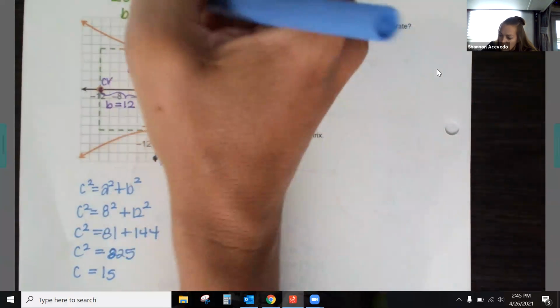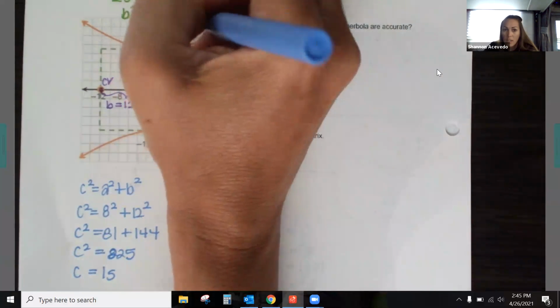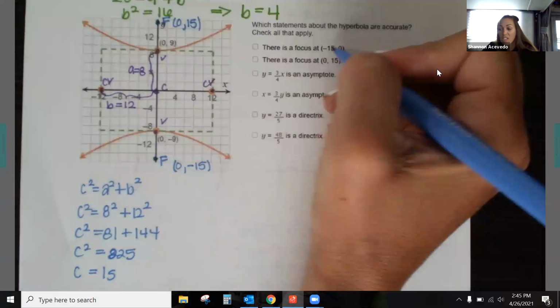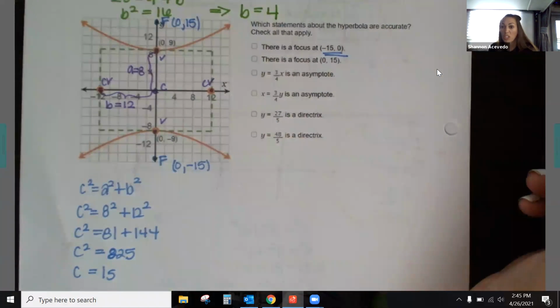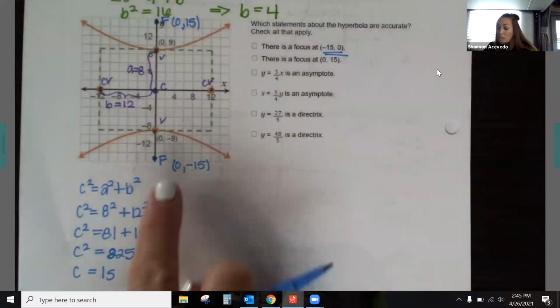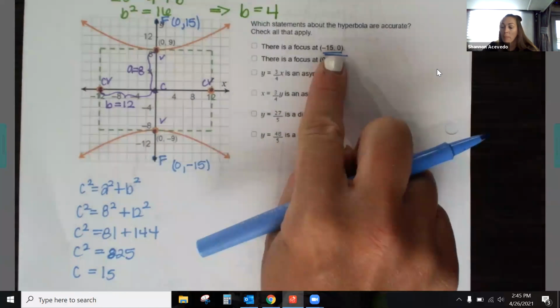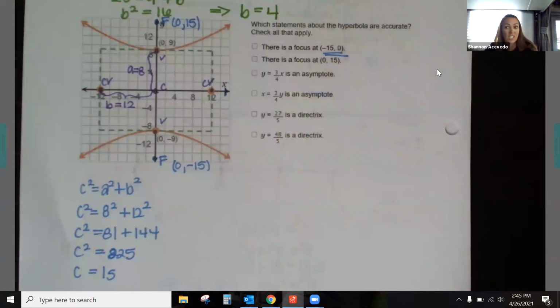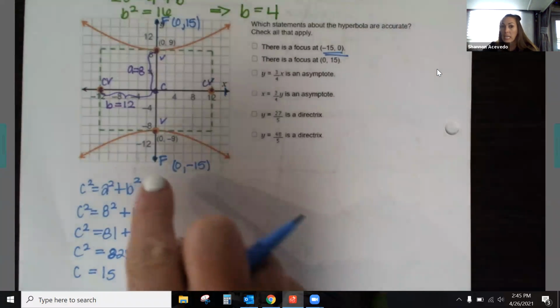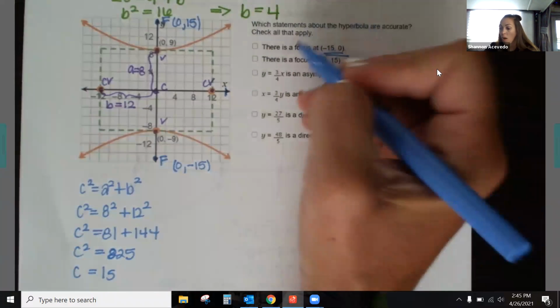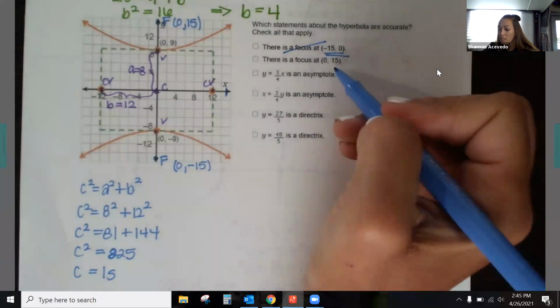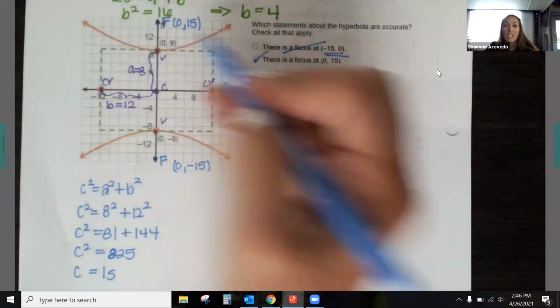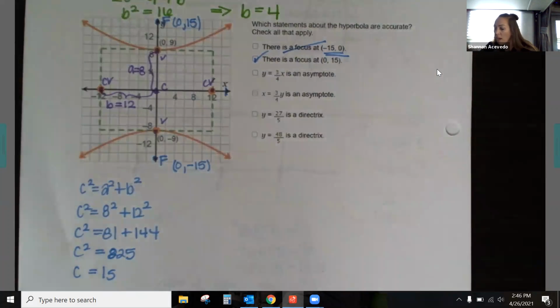This point here is going to be 0, positive 15. This is not correct. They try to trick you. So yeah, they have the right numbers, but they're switched, because this is saying I would be on my x-axis over here. This is saying a point over here. That's not correct. It has to be inside the parabola. So this one is wrong. This one is going to be correct at 0, 15. That's a good one. We want to keep that one.